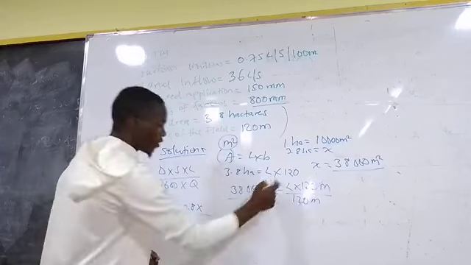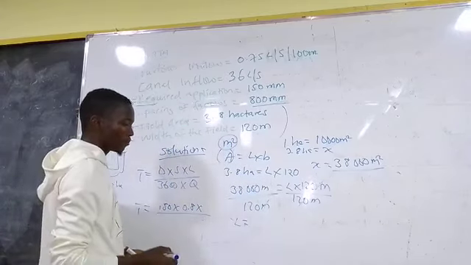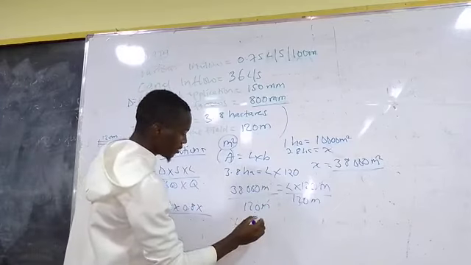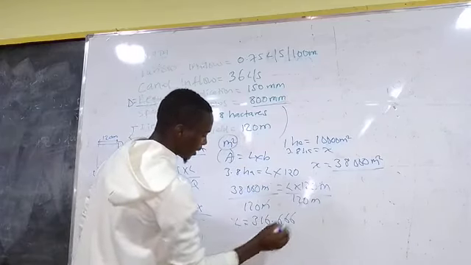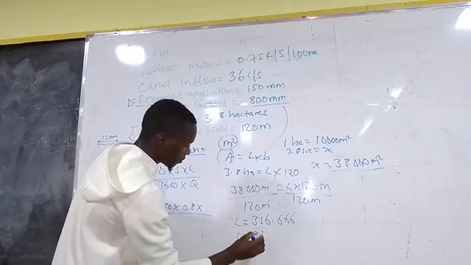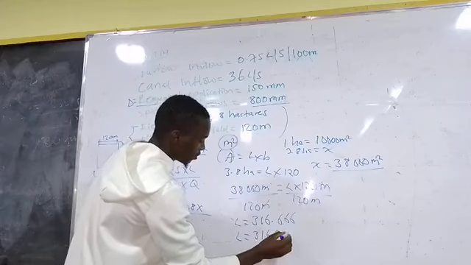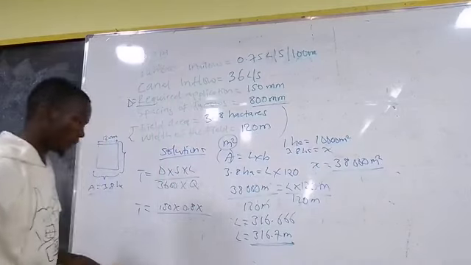So our length is equal to 38,000 divided by 120, which is 316.666, so we can just round off to 316.7. So this is our length of the field.